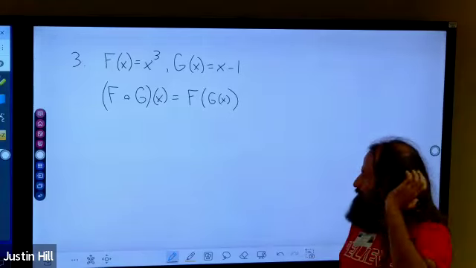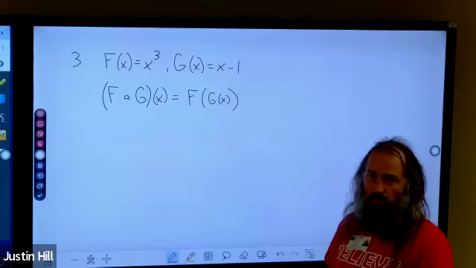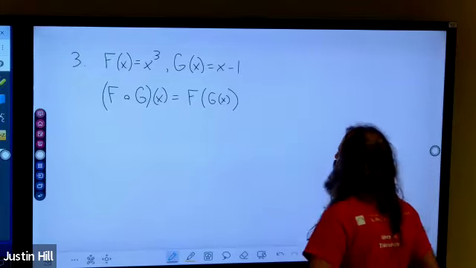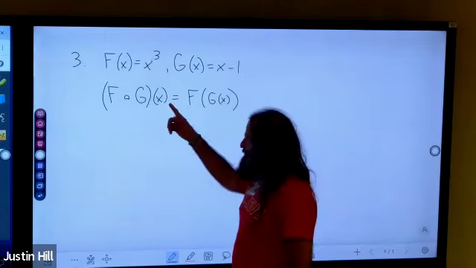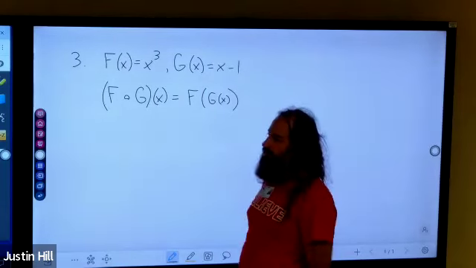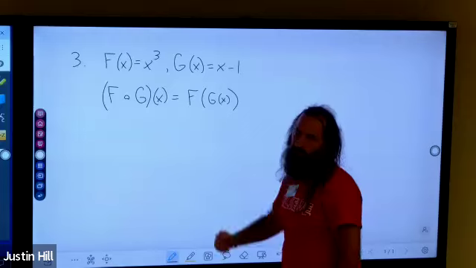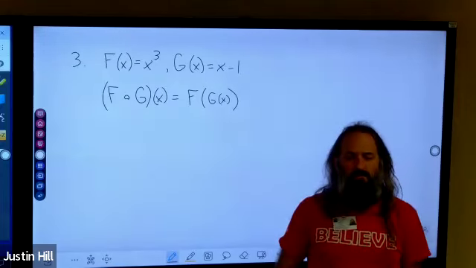But here my domain and codomain is all real numbers. On the last one, we were able to physically plug a number in and trace its result, but here we're not going to be able to do that because we don't have an infinite amount of time.